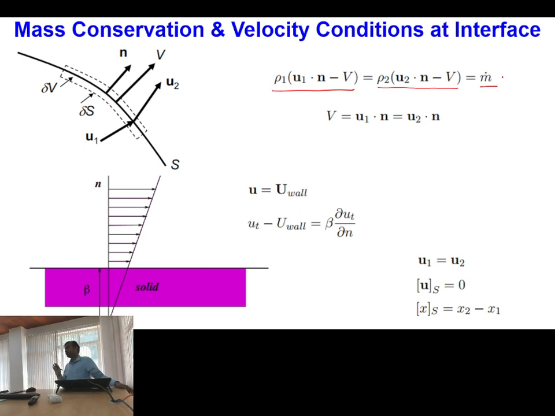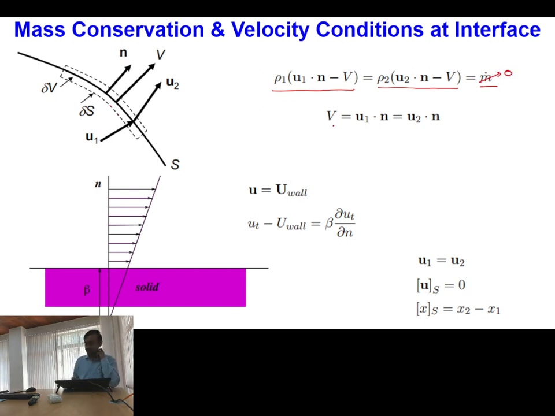And this m dot will be non-zero only when we have some reactions or phase change processes involved. Okay, if there is no reaction, no phase change, then relative to the interface there will not be any exchange of mass from fluid 1 to fluid 2. Under that scenario, m dot will be 0.